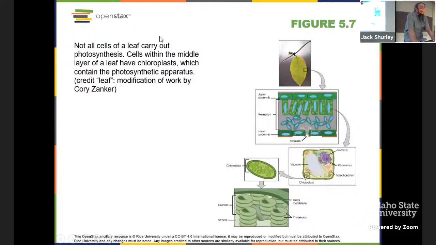So not all cells of a leaf are able to carry out photosynthesis. There are different bits if we were to look at it across section, different areas. We showed a little bit about a plant cell. We showed a little bit about chloroplasts before and a cross section of these guys. There's more details as we look at this leaf and see what's happening here.